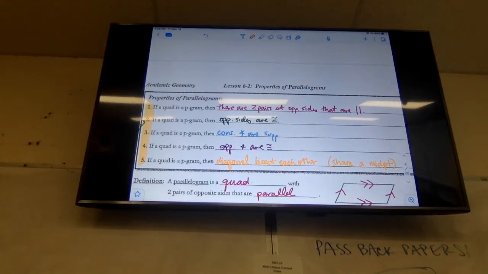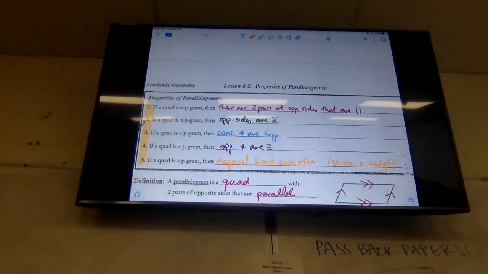I emailed them as well, but just texting.